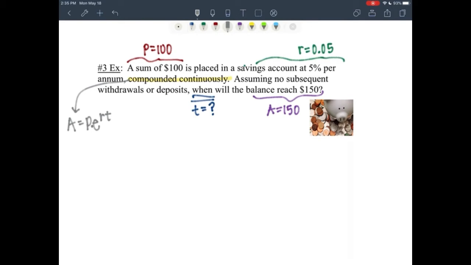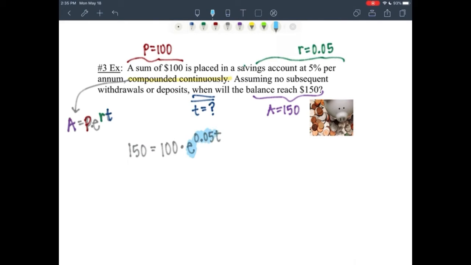So we're going to put 100 in for P, and 150 in for A. And then we've got our interest rate is part of the exponent, and T is unknown. So let's do it. We've got 150 equals 100 times E raised to the 0.05 T power.